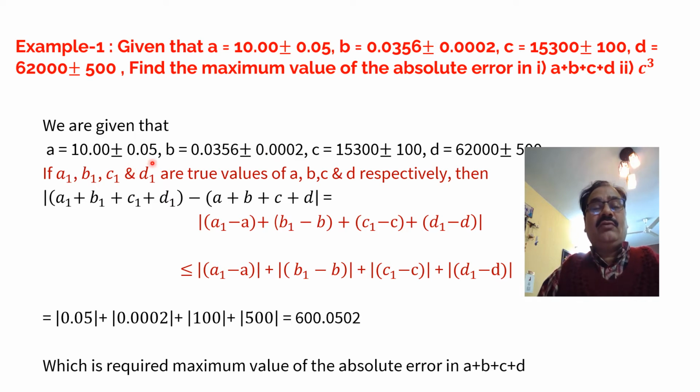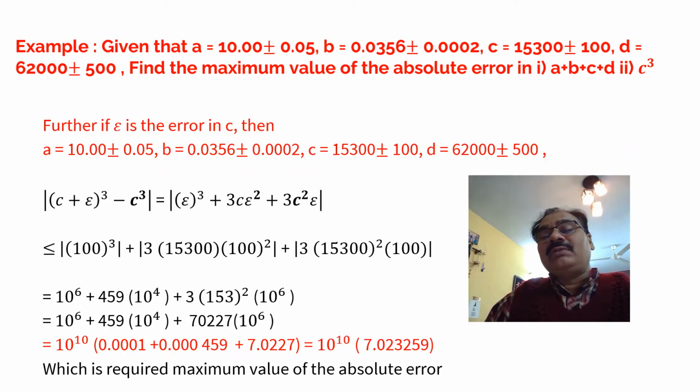Error means the true value minus the approximate value. So wherever plus minus is written, it is the error term already given. So you can write it like this, and after simplification you will get 600.0502, which is the required maximum value of the absolute error in a plus b plus c plus d.